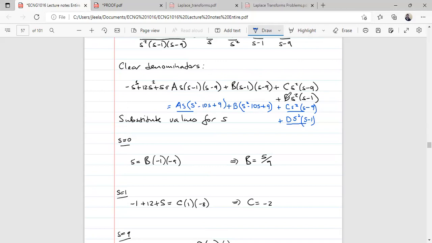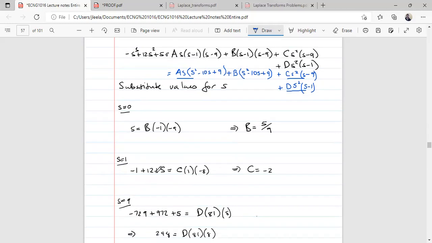So if s is 1, you'll have minus 8, 1 squared is 1, so you'll have minus 8c on the right. And on the left, you'll put in 1, so you'll have minus 1 plus 12 plus 5. So 12 and 5 is 17, minus 1 is 16, right? So 16 over minus 8 is minus 2.